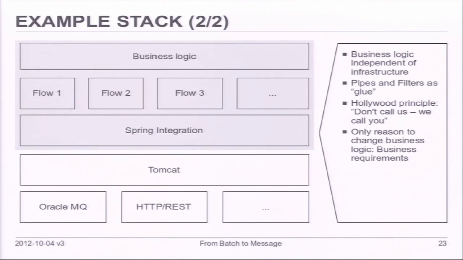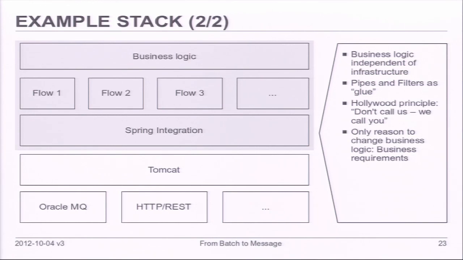Yeah, so that's what the stack looks like from a brick architecture look. Basically, we have the business logic layer at the top, and then these individual flows. A flow is just a connection of pipes and filters that provide one use case, if you want.